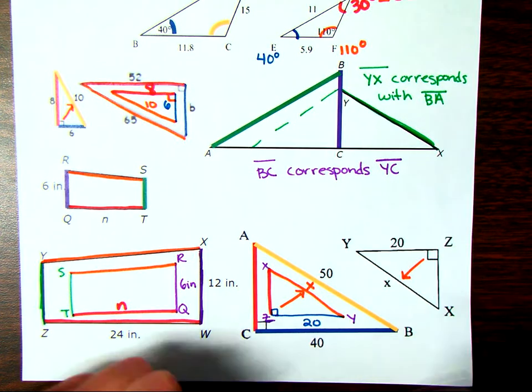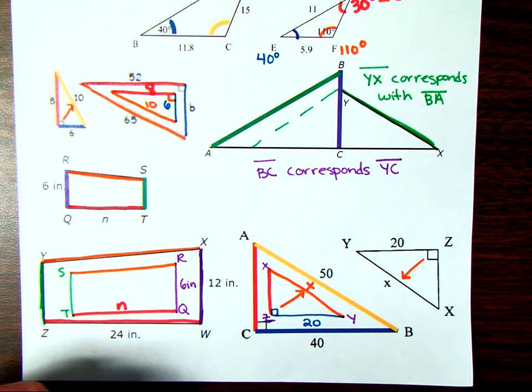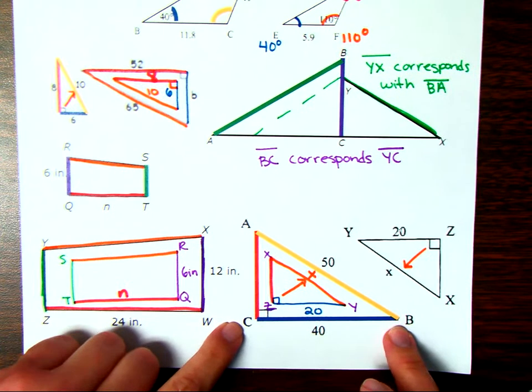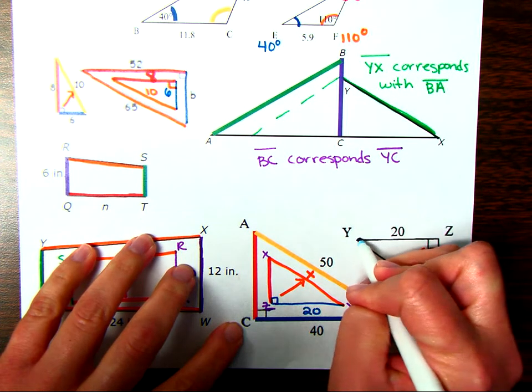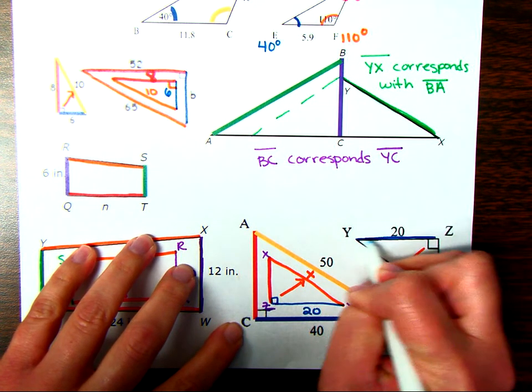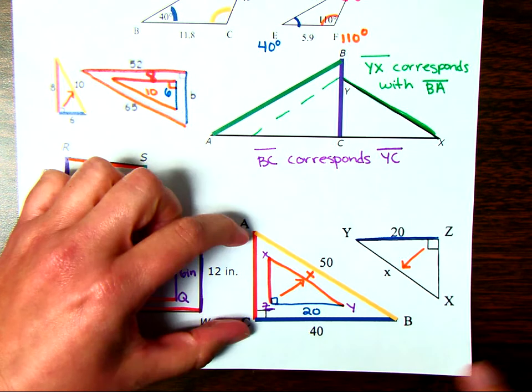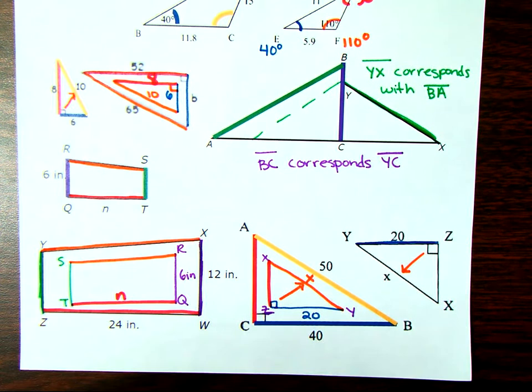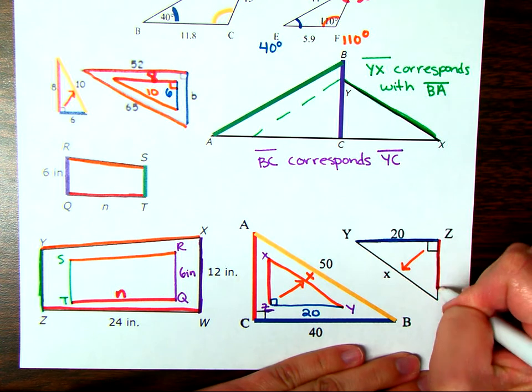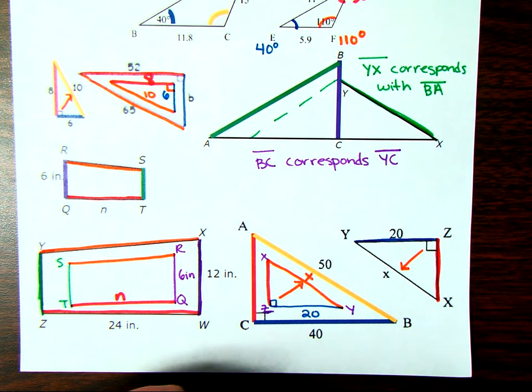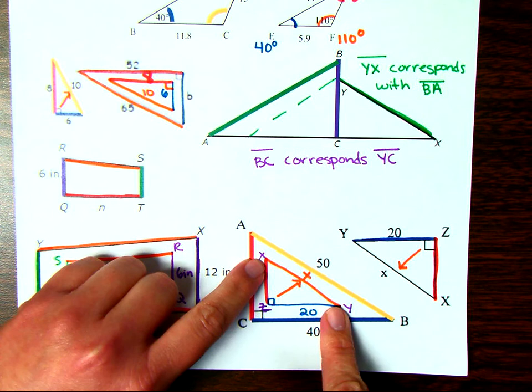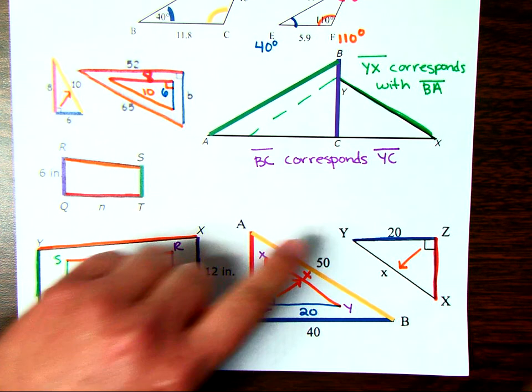So we can color code that. So CB corresponds with YZ, AC corresponds with XZ or ZX, and then XY right here corresponds with this AB.